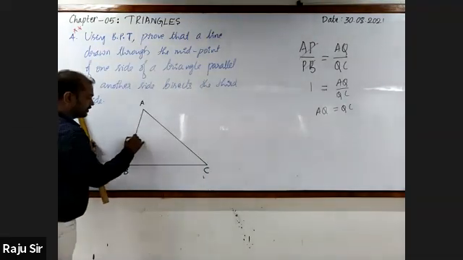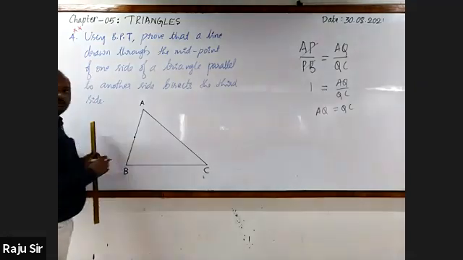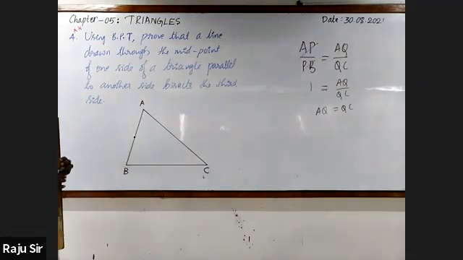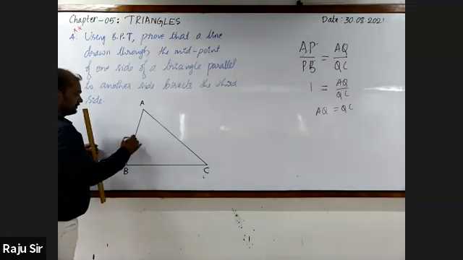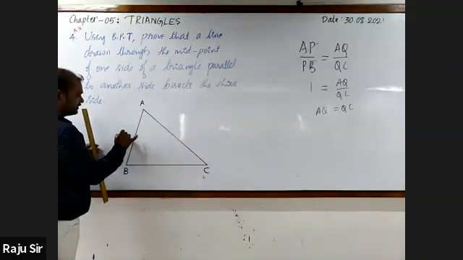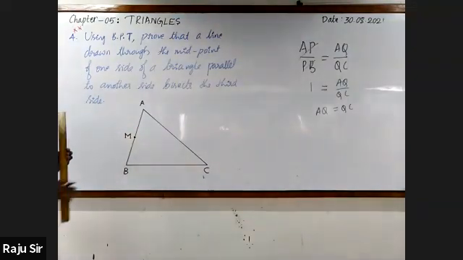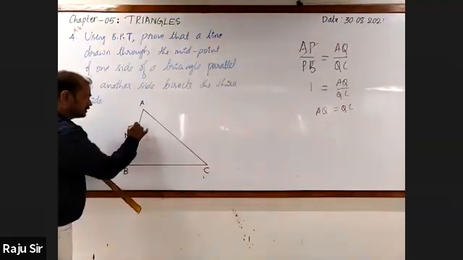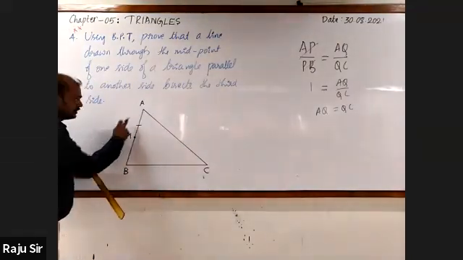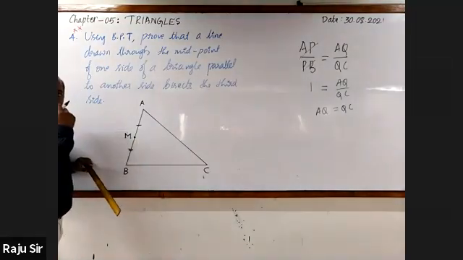I take AB. What is the midpoint? P. Any letter can be used. Madhavi says M. Yes, M. M is the midpoint of AB, so that we can show AM equal to BM.